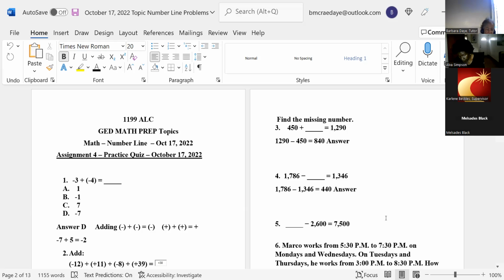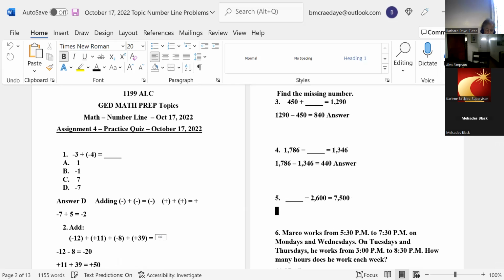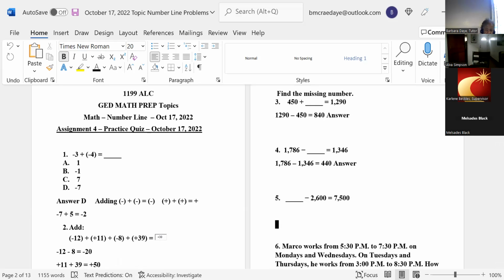Okay. Number 5, Alva. How do you solve number 5? Yes, one second. My book fell. Michelle, you want to tell me then? How do you solve number 5?